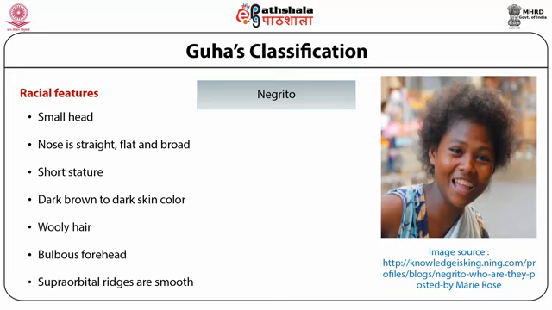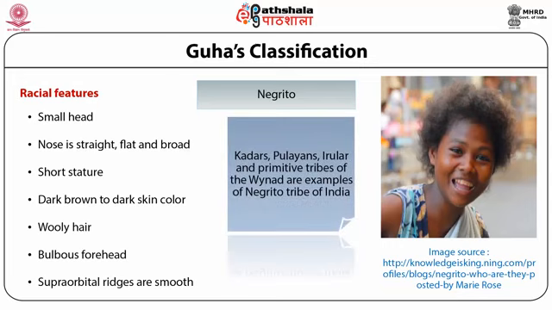In recent years, they are represented in Kadars, Pulayans, that is, people from Cochin and Travancore, irregular and primitive tribes of Wayanad, but at present they are much limited and seem to have been pushed into the hills of Southeast Asia. Their head form and hair structure are closer to the Melanesian pygmies than to the Andamanese.